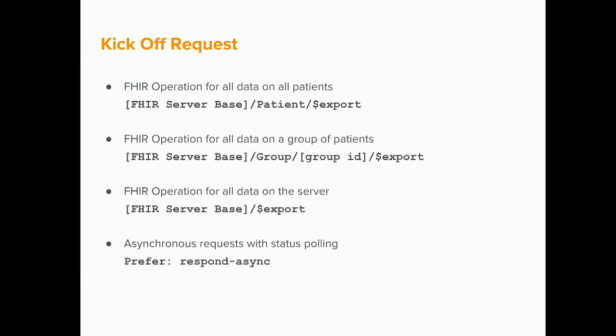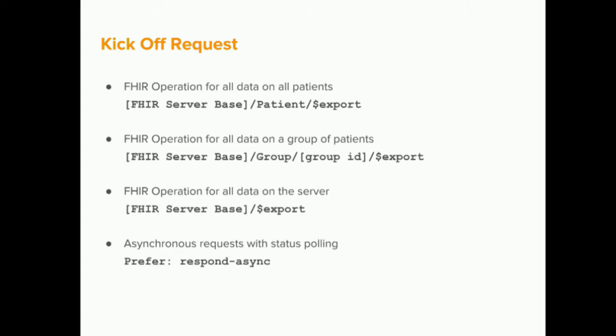We also have an operation for data on a group of patients. The idea here is that in the EHR, you might define a cohort of patients for a research study or a set of patients who are members of a particular payer, a particular insurance plan. And so those are defined using the FHIR group resource, and then you can do this bulk export by that group. The last one is one that was suggested by the community pretty recently, which is all data in the server.